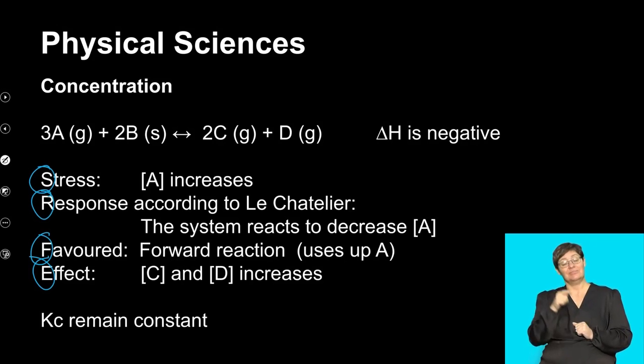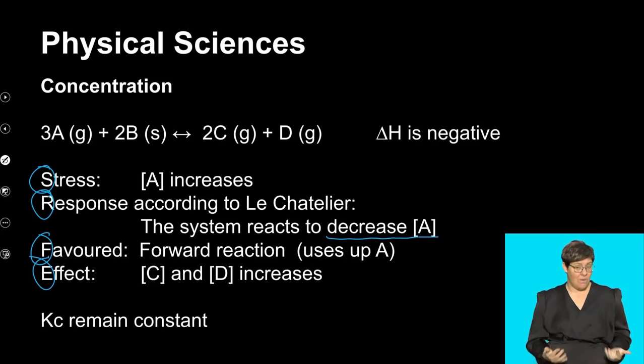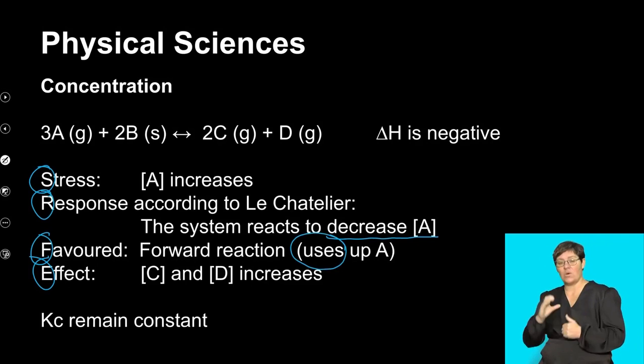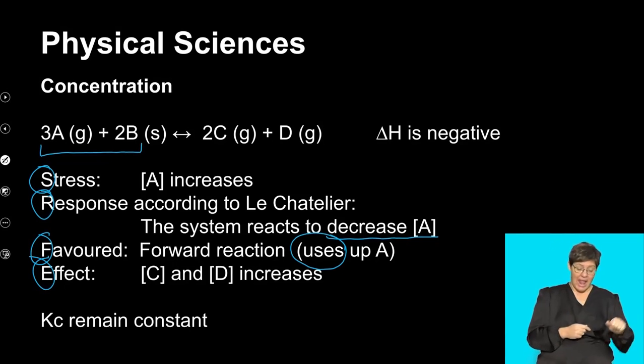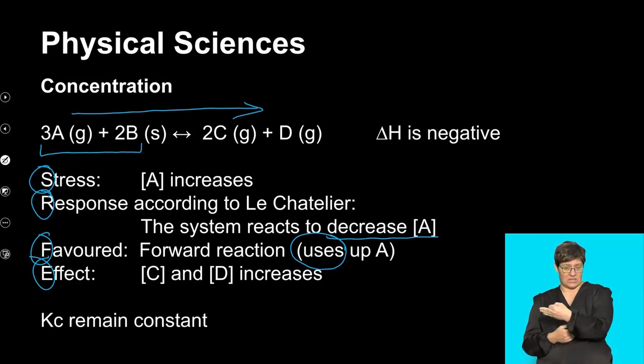The stress for this system is an increase in the concentration of A, and according to Le Chatelier, the system reacts to decrease the concentration of A. Now, for the system to do that, it needs to use up A. And for it to use up A, it must use A to make more of C and D. What you need to realize is you need both A and B to make C and D.